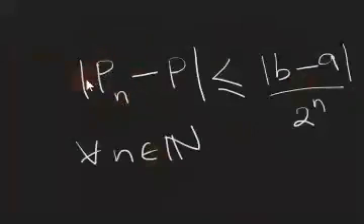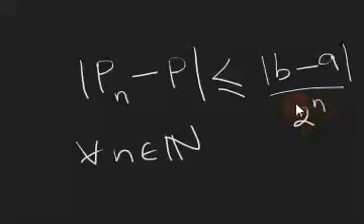So the difference between any midpoint and the exact root of the function is less than or equal to the length of the interval [a, b] divided by 2 to the power n.